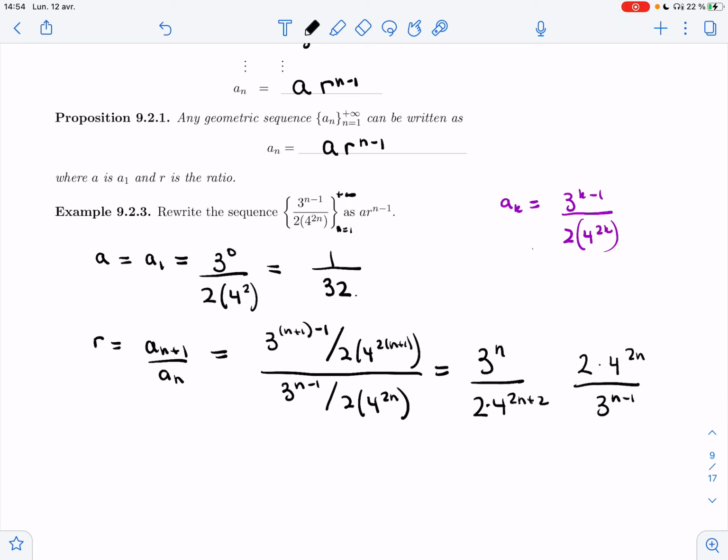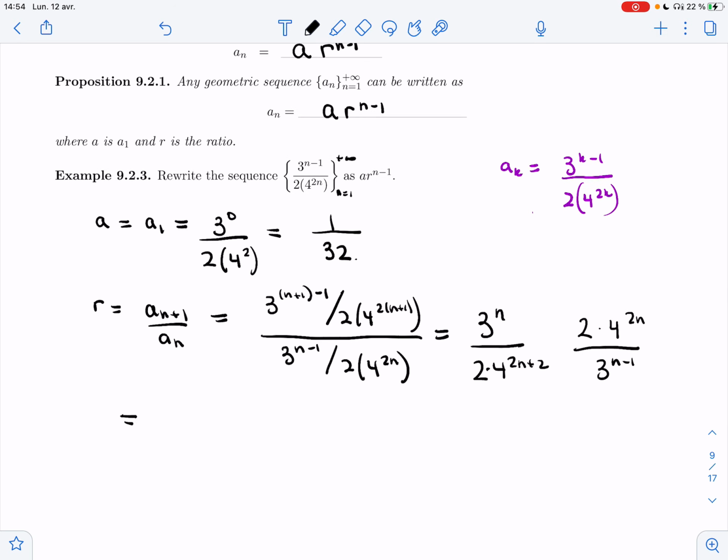You can use the rule we used last time of taking the exponent of the top minus the one from the bottom, or if you're good at this, you can just realize that you have one extra 3 compared to here, so you'll be left with a 3. The 2's actually cancel, and you have 2 extra 4's compared to this, and so you'll get 4 squared. Again, if you need to take the exponent of the top minus the one of the bottom, that's fine.